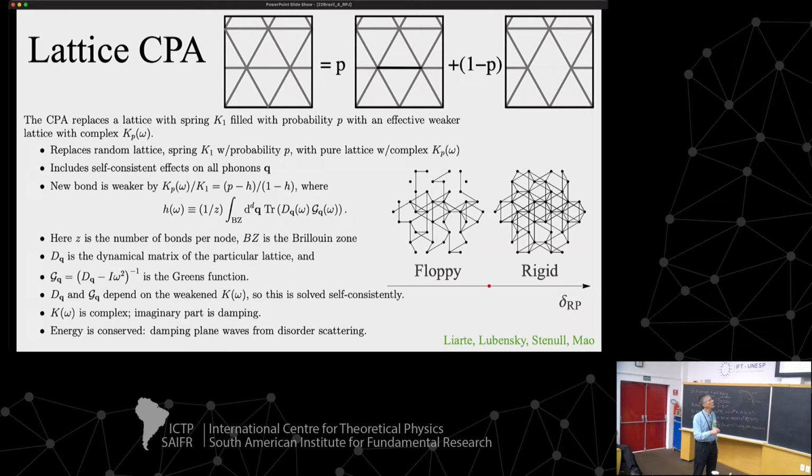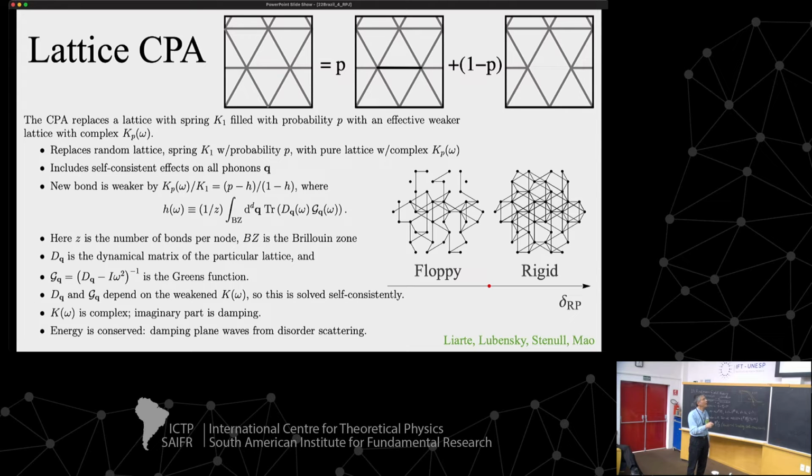There was some initial thought that Tom would add to his infinite number of other things he talked about this self-consistent calculation. He didn't, and I'm not going to try because I just admire the paper without actually spending much time figuring out why it's P minus H over 1 minus H. Although Danilo tried to explain it to me, and I didn't have time to absorb it.